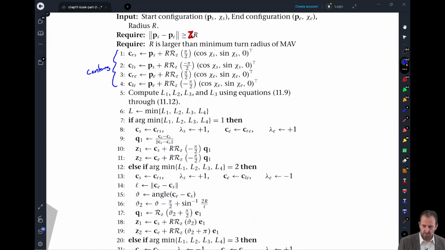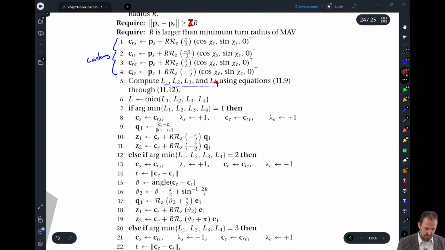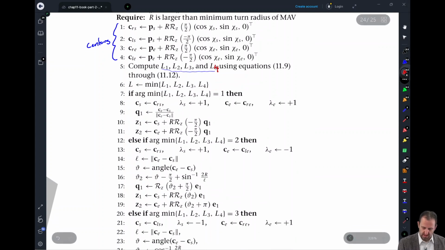And then we're going to compute L1, L2, L3, and oh, that should be an L4, using the equations that we've already developed. And these equations are for just calculating the path length. Now, I don't quite like how this notation is written. So we're doing argmin of these four things is equal to 1.